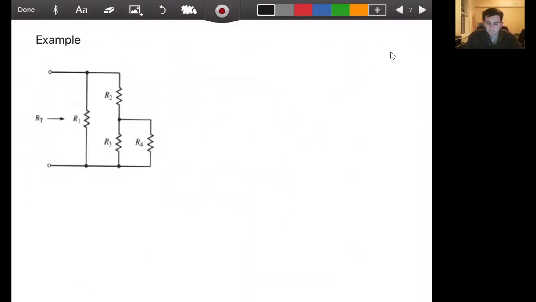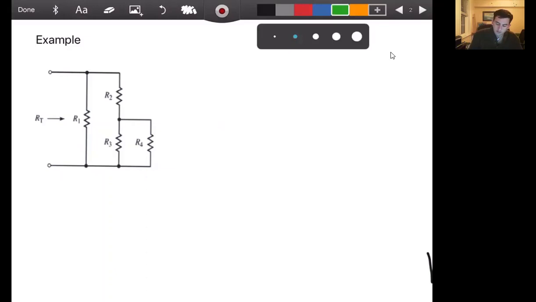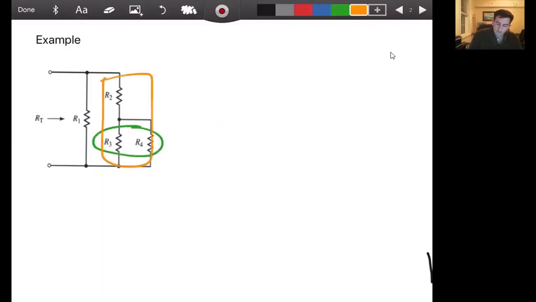Here's a quick example. So in this case, we have R1, which is in parallel with the combination of R2, R3, and R4. R2 is in series with R3 and R4, and R3 and R4 are in parallel with one another. So we have parallel, series, parallel.